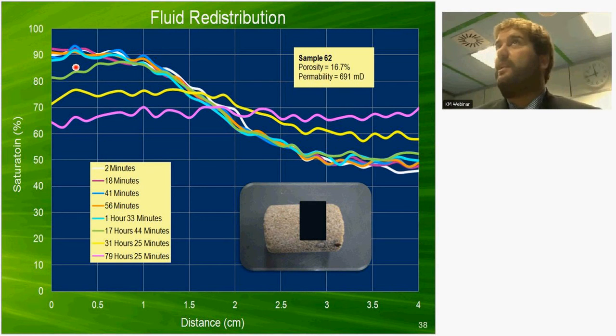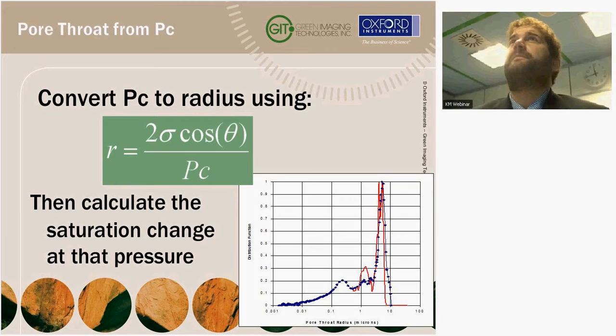So we've done these redistribution experiments to look at the effects of this. I think what I'll leave you with is that there's some extra information there that we can use, a little bit unique to our technique, and that is from the capillary pressure curve. When we have lots of points on the capillary pressure curve, we can create equations backwards. So what do I mean by that? Well, at each pressure point, we can convert to a radius.